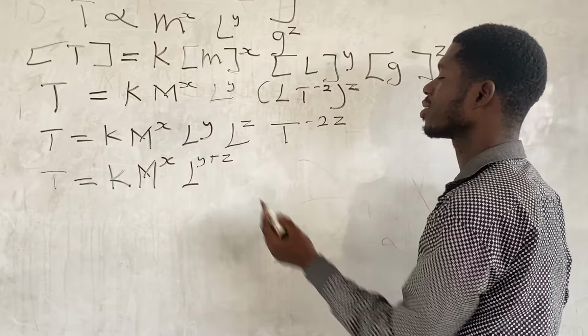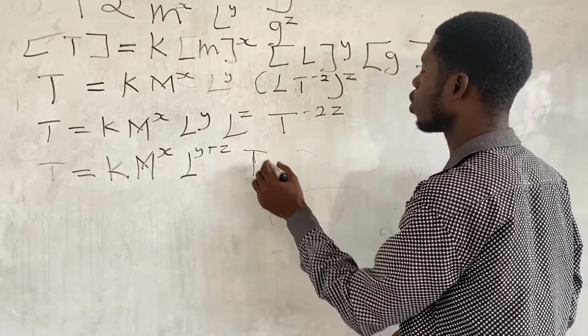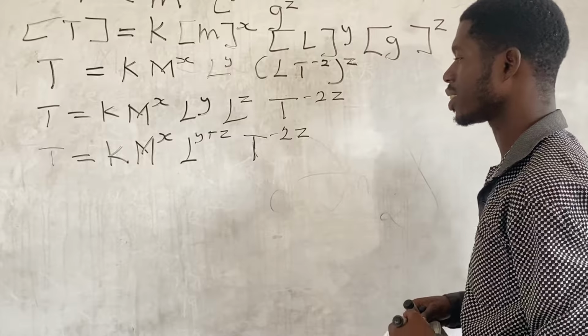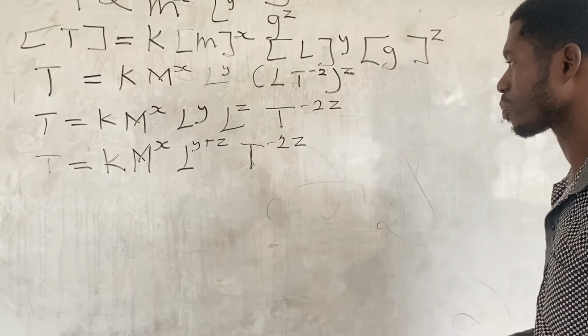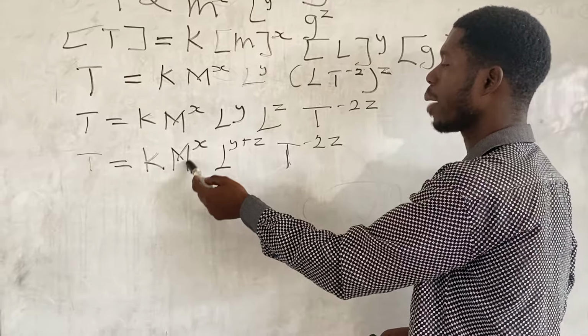Now we have T. We have only one T. So T to the power negative 2Z. Okay. So as I said, we have only one M here, so M^X.